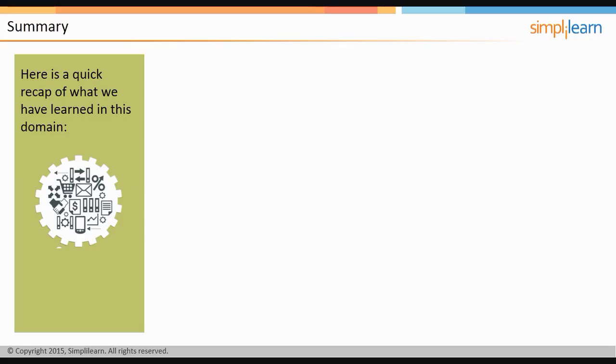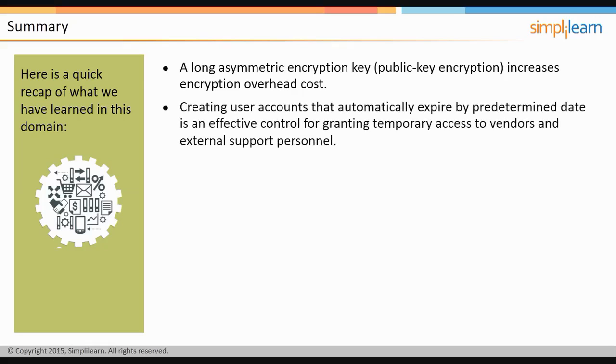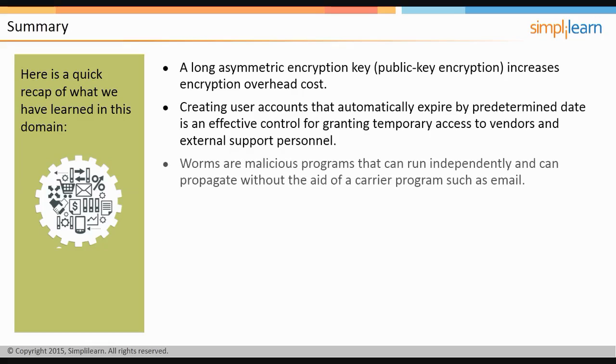Protection of information assets. 1. A long asymmetric encryption key, public key encryption, increases encryption overhead cost. 2. Creating user accounts that automatically expire by a predetermined date is an effective control for granting temporary access to vendors and external support personnel. 3.